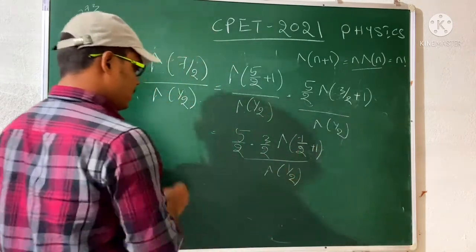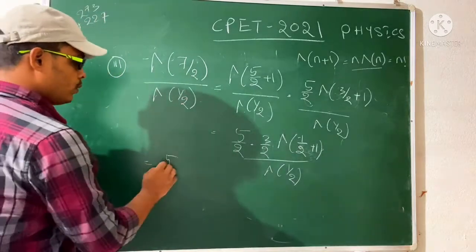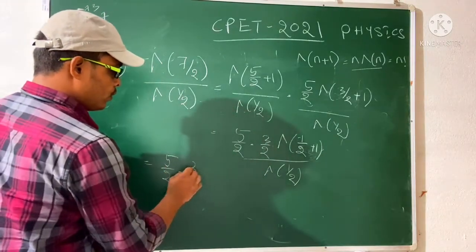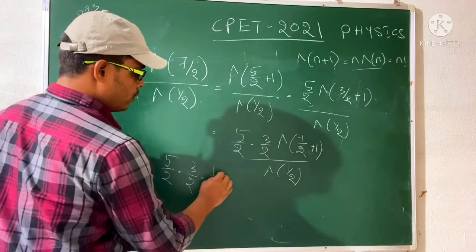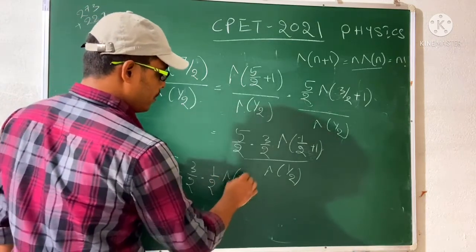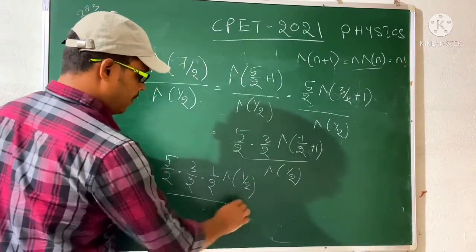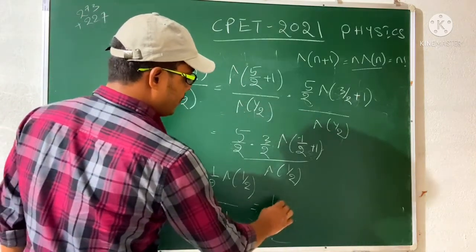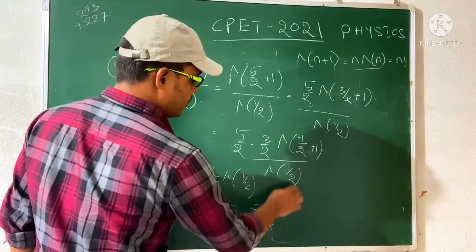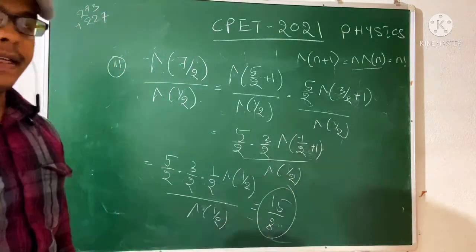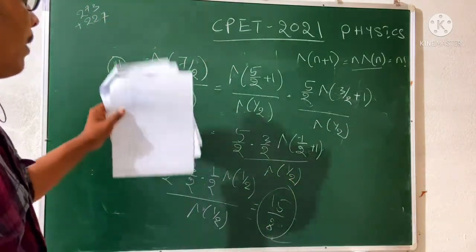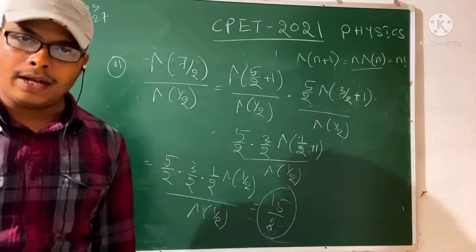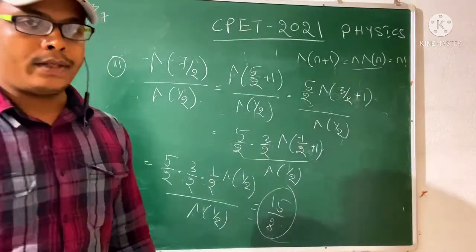So what we obtain is 5 by 2 into 3 by 2 into 1 by 2 into gamma of half divided by gamma half. That will give you 15 by 8. So this is the answer, 15 by 8. This is gamma of 7 by 2 divided by gamma of half. So your answer is 15 by 8.